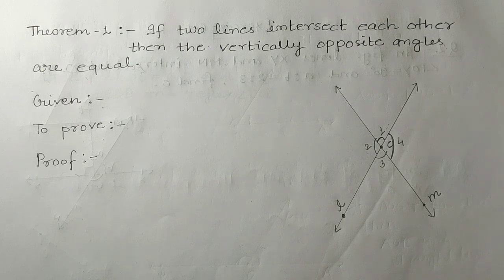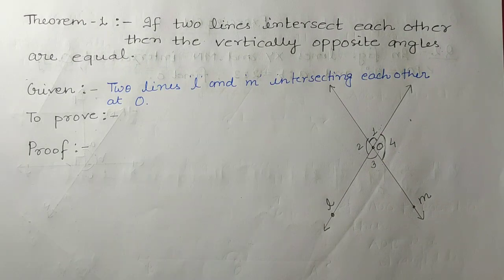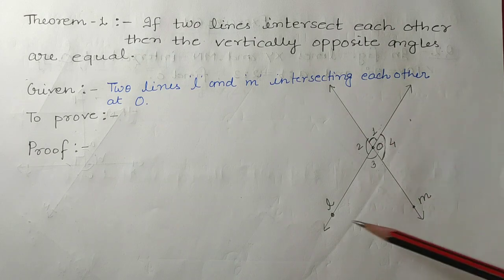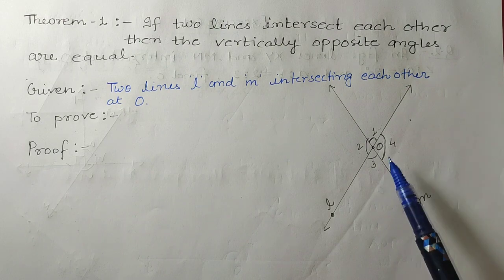Firstly we write what is given here. In this theorem it is given that two lines are intersecting each other. So in the given part we write that two lines L and M are intersecting each other at point O.